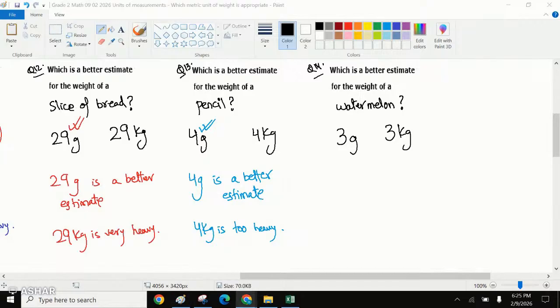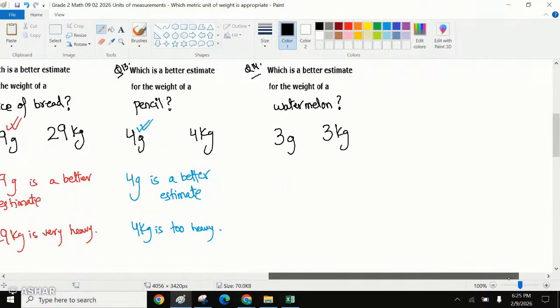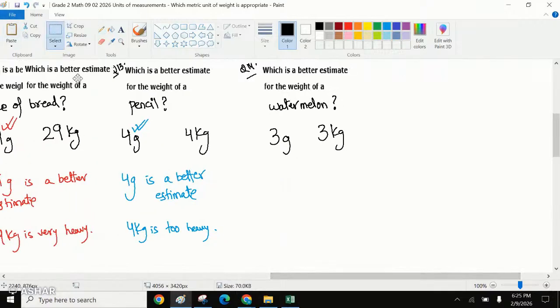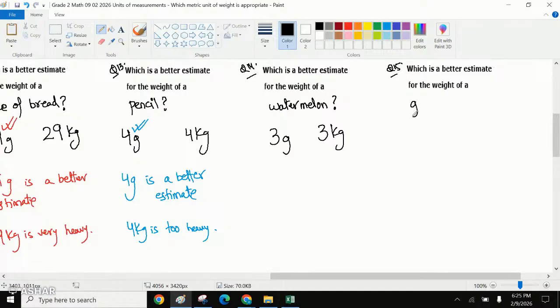So we know that a watermelon has to be heavy, right? Compared to a grape. Okay. Question number 15. A grape, right? If you're using a single grape, and we again say this was 3 grams and 3 kilograms, right?